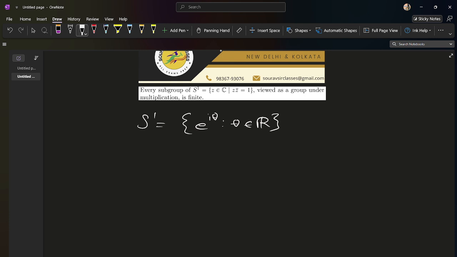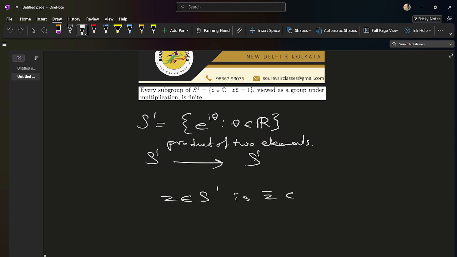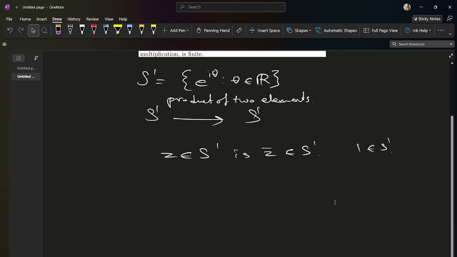The product of two elements of S1 also belongs to S1, the inverse of any element z in S1 is z bar, which belongs to S1, and the identity 1 belongs to S1.